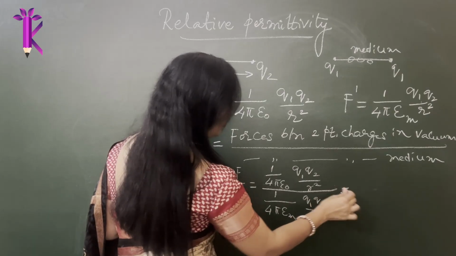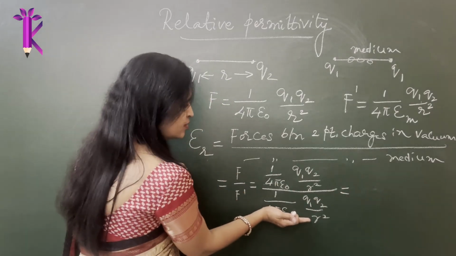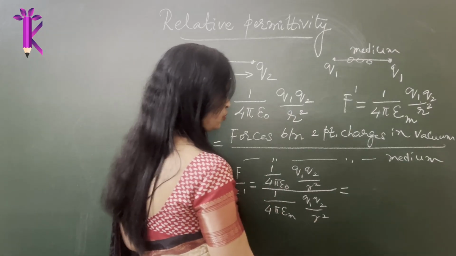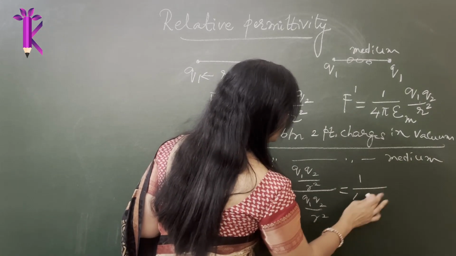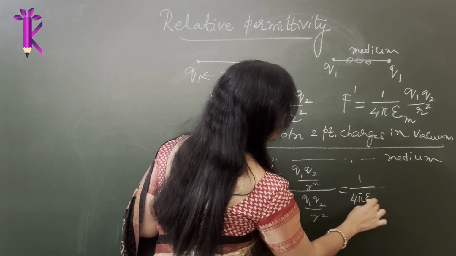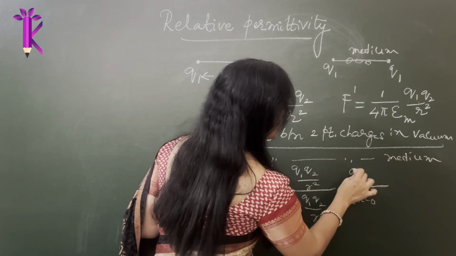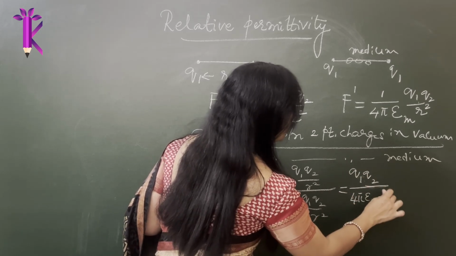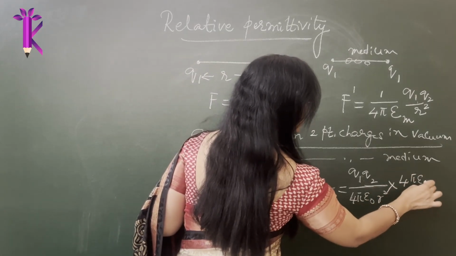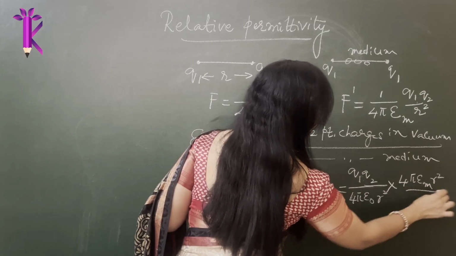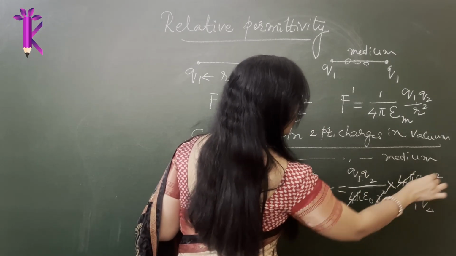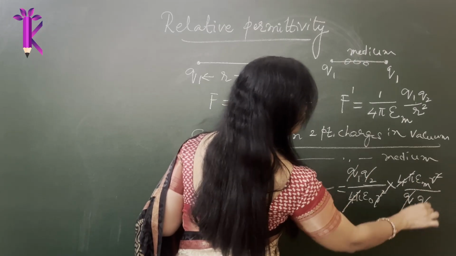Now this comes to the numerator. When you have two terms like this, one goes to the numerator, and you cross multiply. If you are capable of doing it as such, you can do it. If not, some who may have difficulty, I'll do it this way: 1 by 4 pi epsilon naught, Q1 Q2 divided by r square, into 4 pi epsilon m r square divided by Q1 Q2, where 4 pi, r square, Q1 Q2 get cancelled.